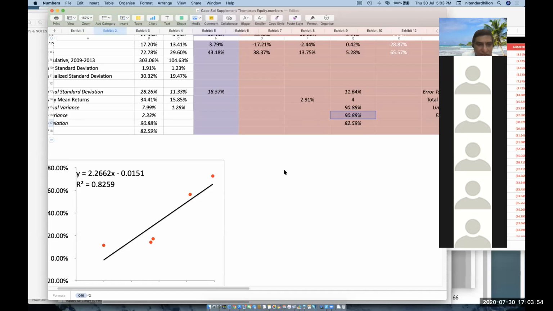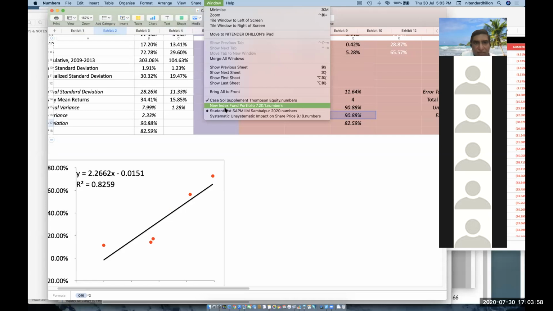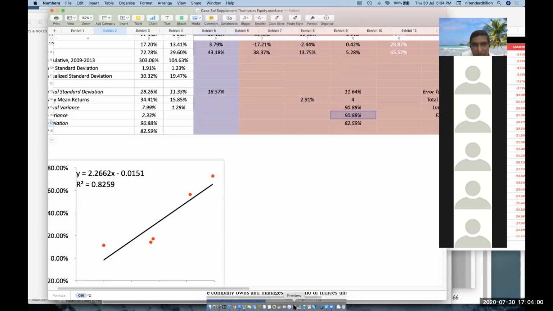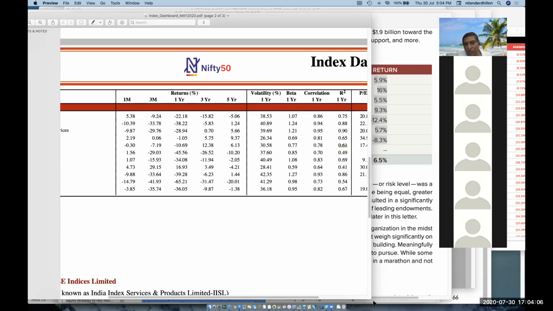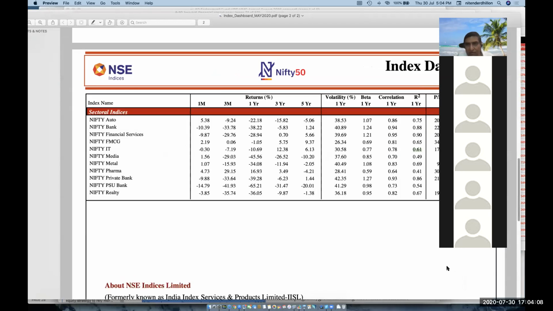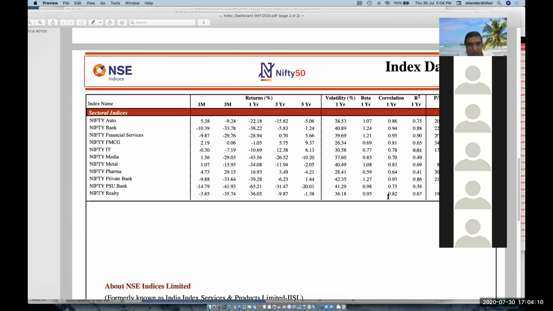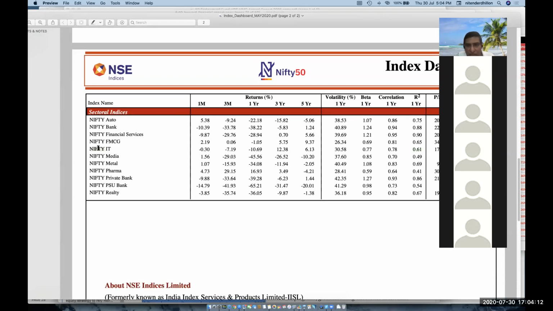Are you guys okay on this? Yes, sir. Okay, so now just try if you can make a sentence with this. If I say Nifty IT's R square is 61%, make a sentence quickly. What does 61% mean?